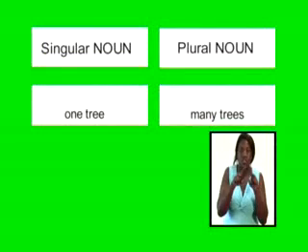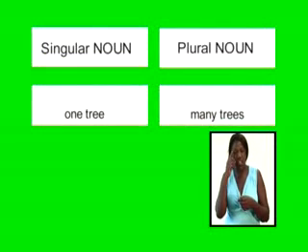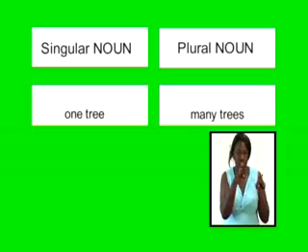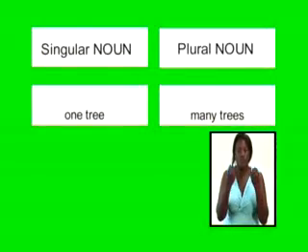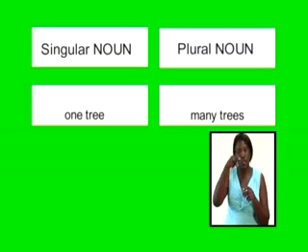Okay, let me think. Nouns are found in the singular or plural form. Singular form is when we are dealing with a single subject, like one tree. Good. Continue, please. The plural form is when we are dealing with many, or at least more than one, like many trees. All right. Then when do we use the apostrophe in plural?